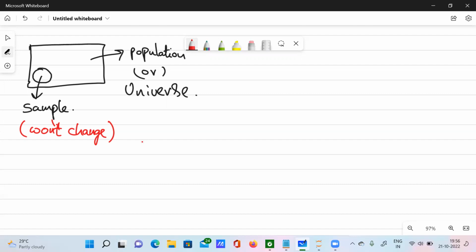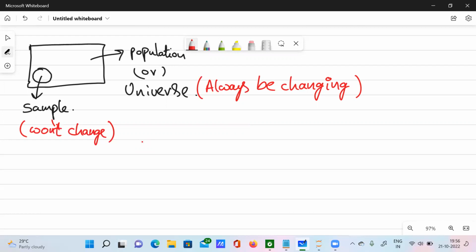This sample data will not be changing, but the universe, the population data, will always be changing. The difference between the population and the sample is that the sample will not be changing here, but the universe will always be changing here.